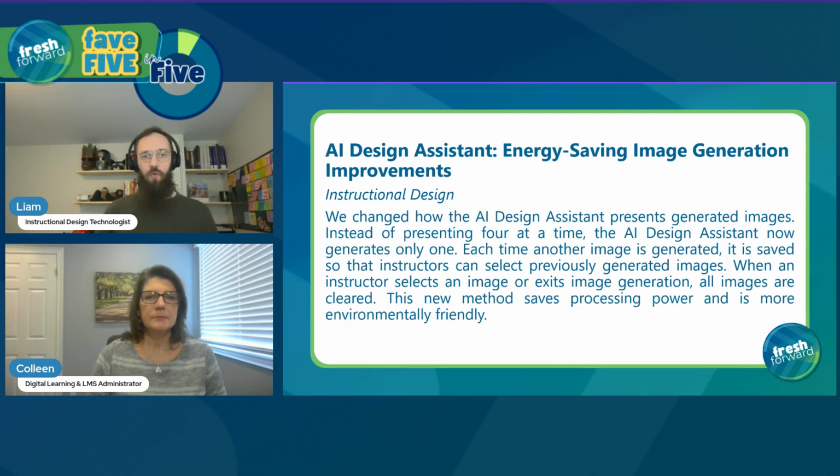So now each time an image is generated, it only presents one at a time, I believe. Yeah, one at a time instead of four images at a time. It gives you one and saves it so that you can go 2, 3, 4, 5, being able to reference back to the previous one. A nice change there as far as environmental energy savings.